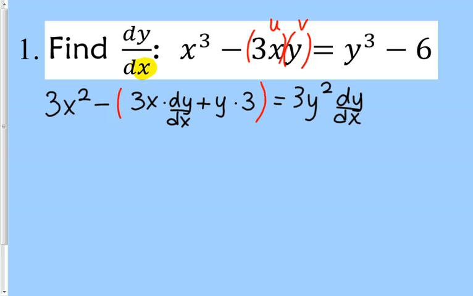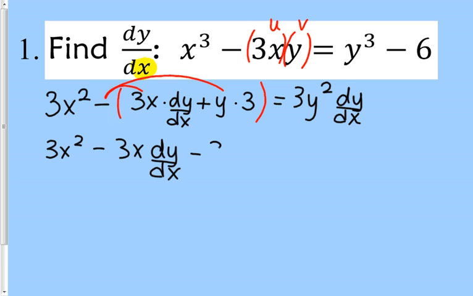Okay, so next line I'm going to distribute the negative and write everything in a friendlier way, right? Like the 3, I'd put it in front of the y. Okay, so 3x squared equals, sorry, getting ahead of myself, minus 3x dy dx minus 3y equals 3y squared dy dx.